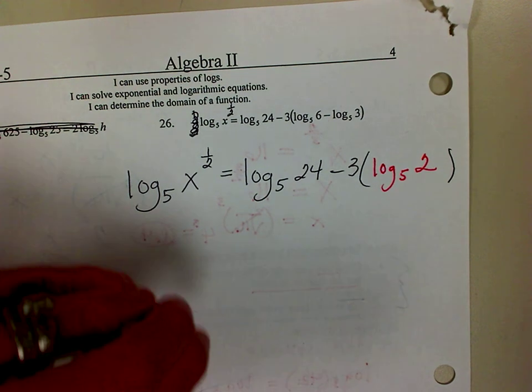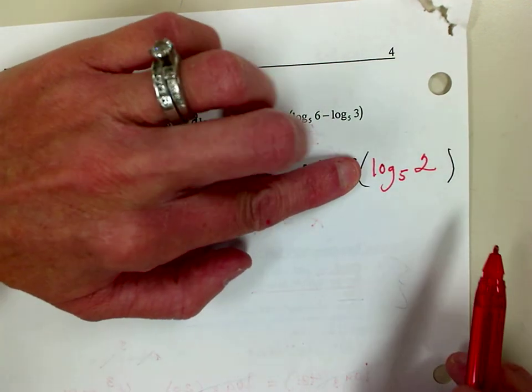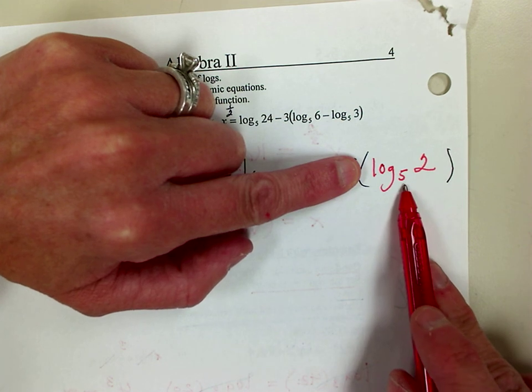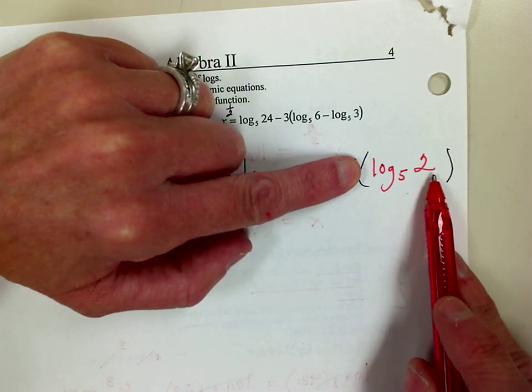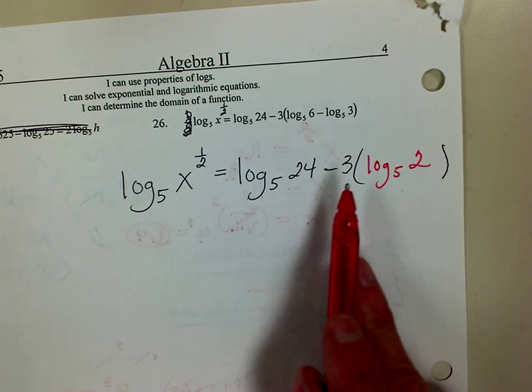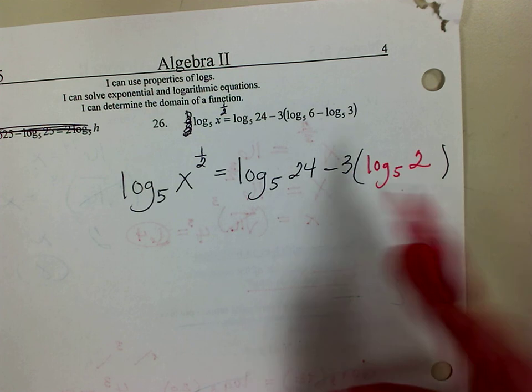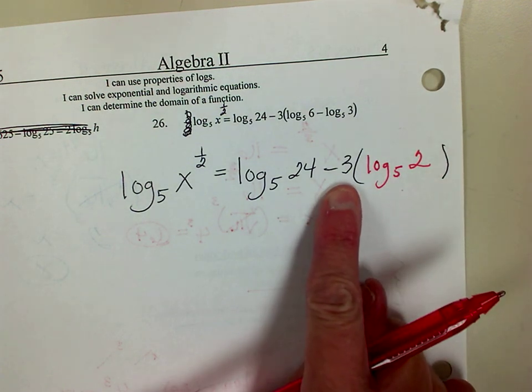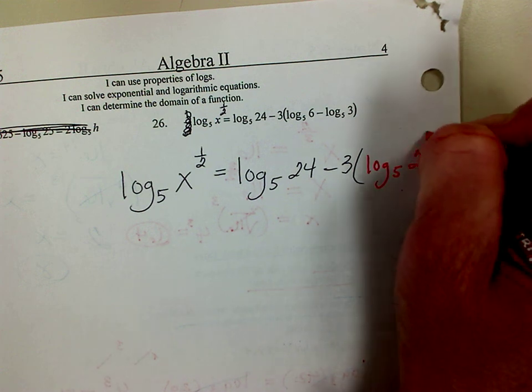Now I want to see if I can figure out 5 to some power is 2. Well, that doesn't work. So since I can't simplify that more, I now have to make this an exponent. If this doesn't simplify, then you have no other option than to make that an exponent. So I'm going to make that 2 cubed.